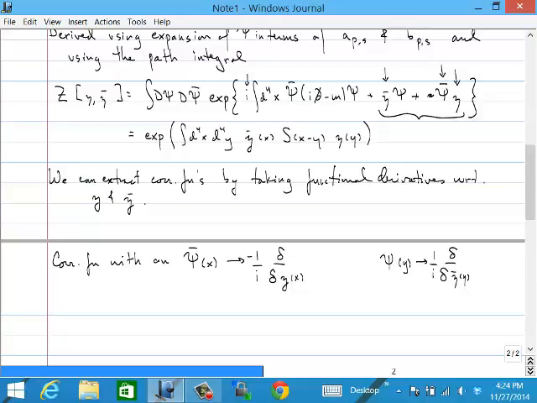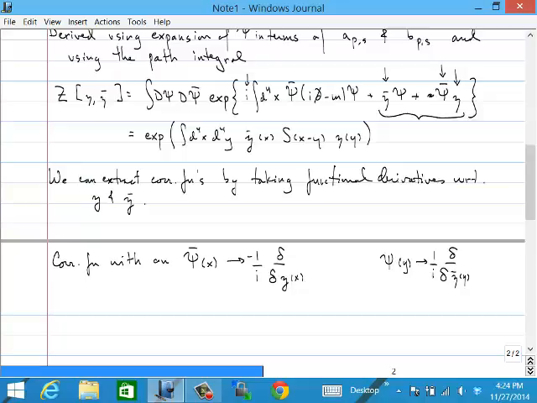At the end of the day, we're going to get 4 factors of 1 over i, otherwise known as 1. So I'm just going to leave out all of those 1 over i's. And you're going to get 2 of these minus signs coming from these 2 psi bars, which are going to cancel. So you just get d by d eta at x3 and d by d eta bar at x4.